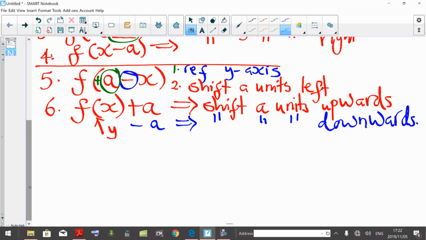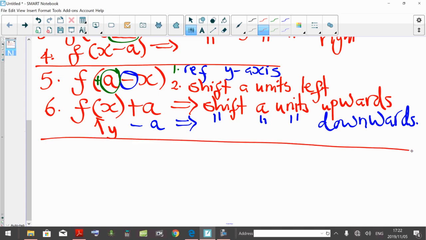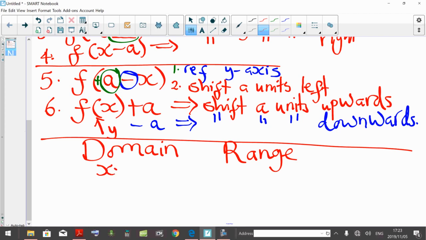Now, having said this, one other aspect which I would like us to talk about is the domain and range. Now remember, domain refers to x values. And then range is y values.